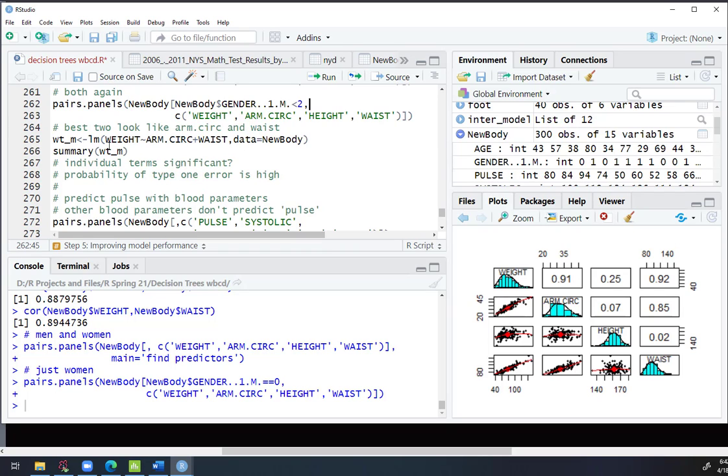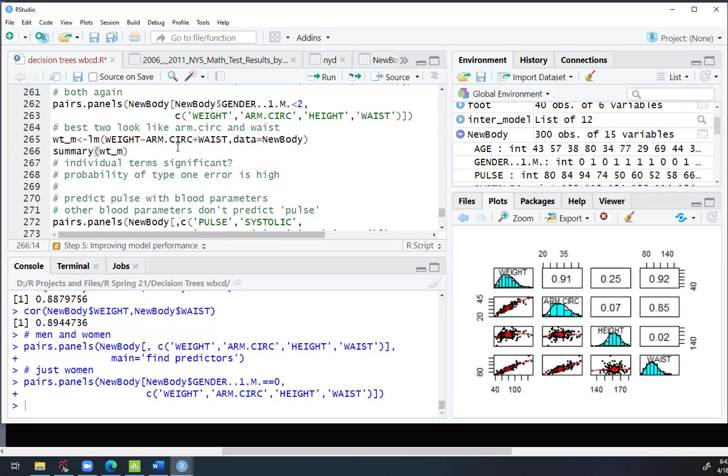Well, why don't we try a linear model, and let's predict weight with arm circumference and the waist. The way we do that using the R base linear model is lm is the model, and then you name the thing you're trying to predict, in this case weight, and the tilde separates the thing being predicted from the predictors.